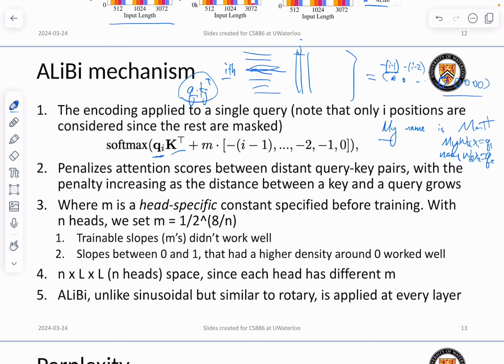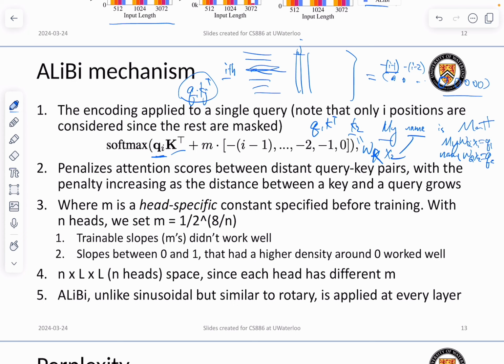The idea is that when we're doing Q1 times K^T, we don't want to be able to get K2, which tells us about "name", because this is equal to W_K times X2, and X2 is based on "name".